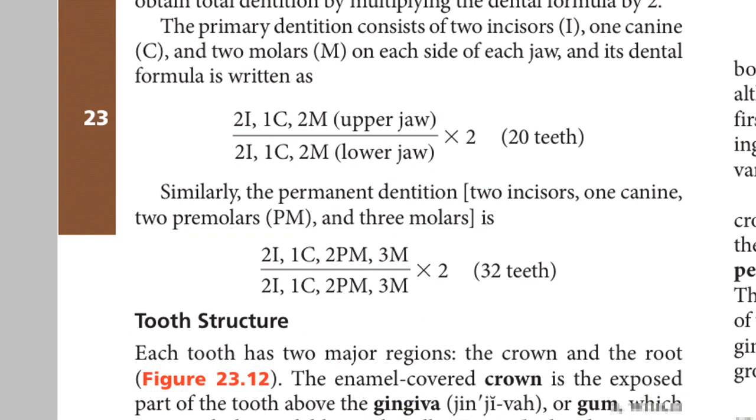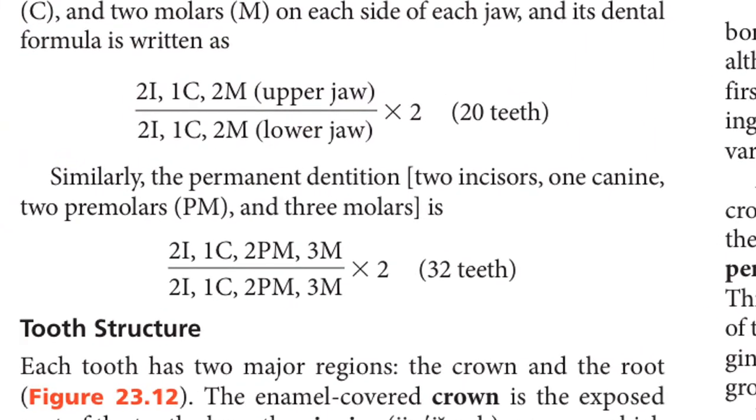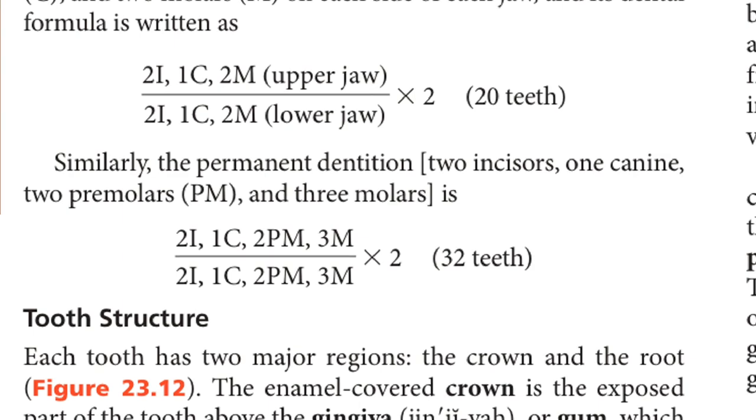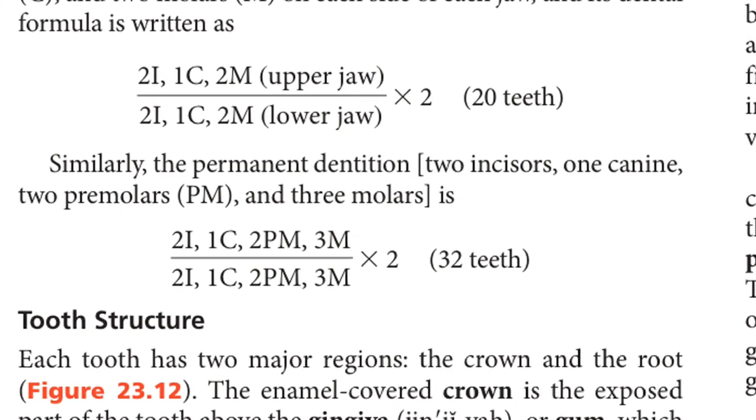And this is the dentition of the permanent teeth, the dentition of the adult person. So 2 incisors, 1 canine, 2 premolars and 3 molars.